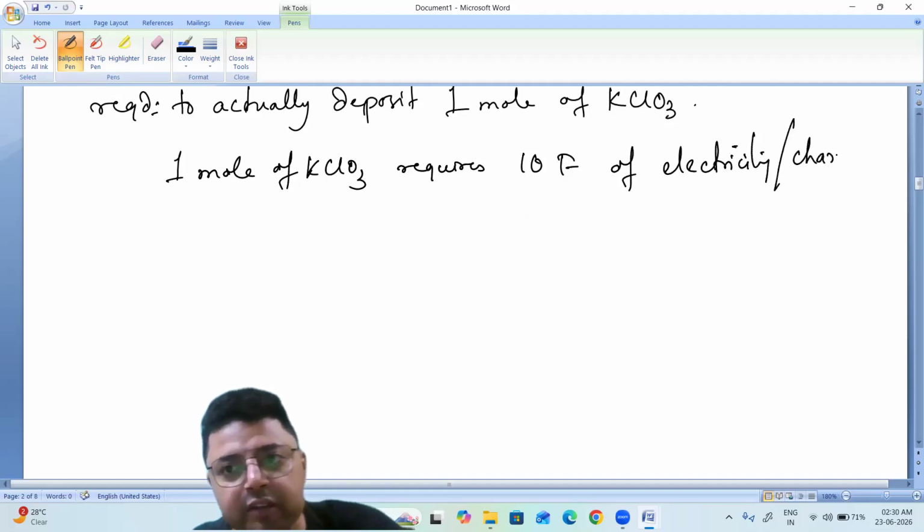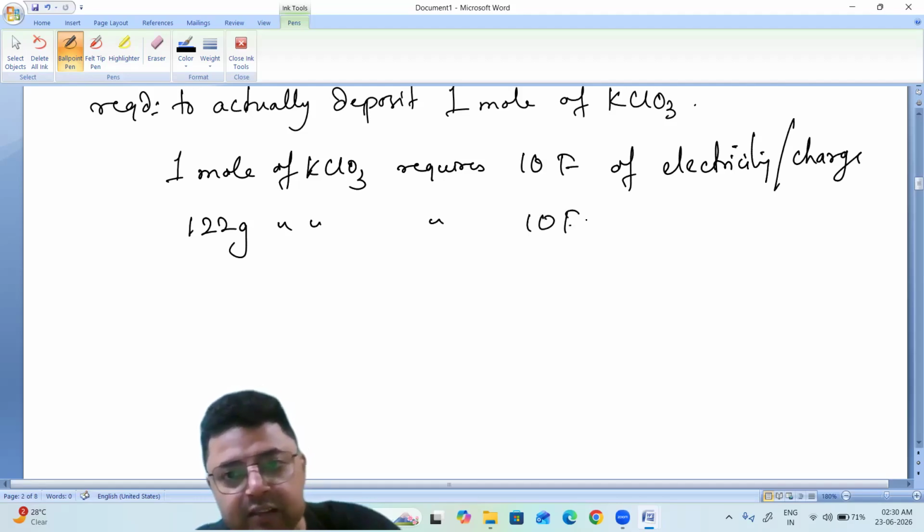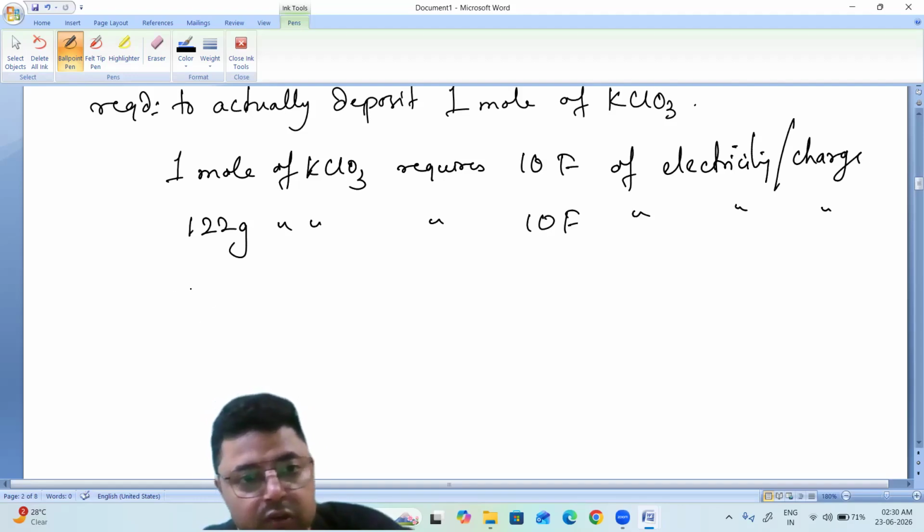So 1 mole, meaning 122 grams of KClO3, requires 10 Faraday of electricity or charge. According to the question, they have asked you about 10 grams. So 10 grams of KClO3 requires how much?